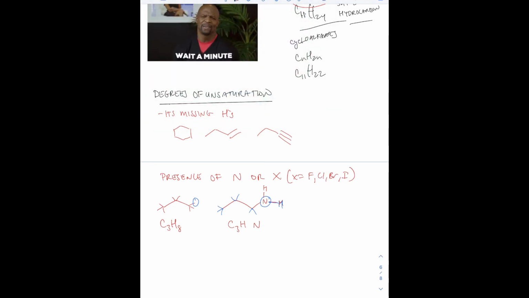But then since nitrogen is trivalent, it actually had to have an additional hydrogen on it, and so that's where nitrogen kind of screws up the degrees of unsaturation calculation. And so what we end up having is not 8, but 9. So we've got 3 here, 4, 5, 6, 7, 8, 9. And so with a nitrogen, we get an additional hydrogen.